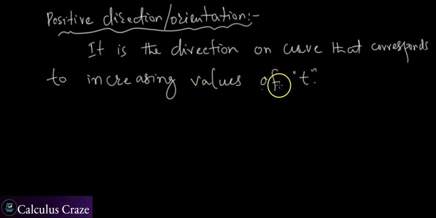So t is the parameter that we use in the parameterization z of t, right?